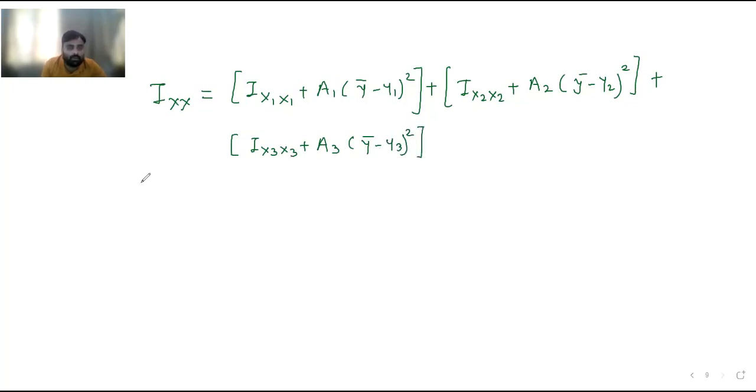From this you will get the value of Ixx. Just put the values. You have already calculated y bar, y1, y2, y3, a1, a2, a3. Now x1, x2, x3 also you have calculated. Just put the values and let me know the answer.